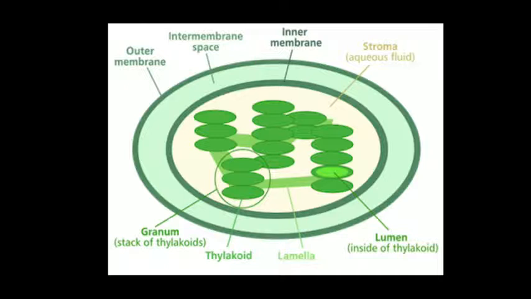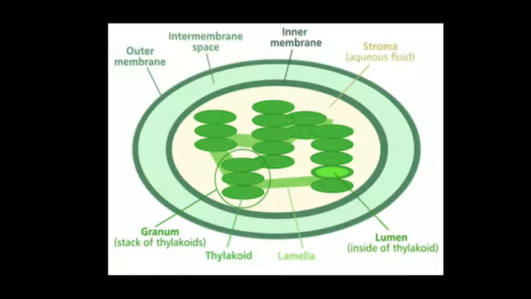And the third membrane forms stacked sac-like structures called granum. These stacked structures are connected by a structure called lamellae, or stroma lamellae.